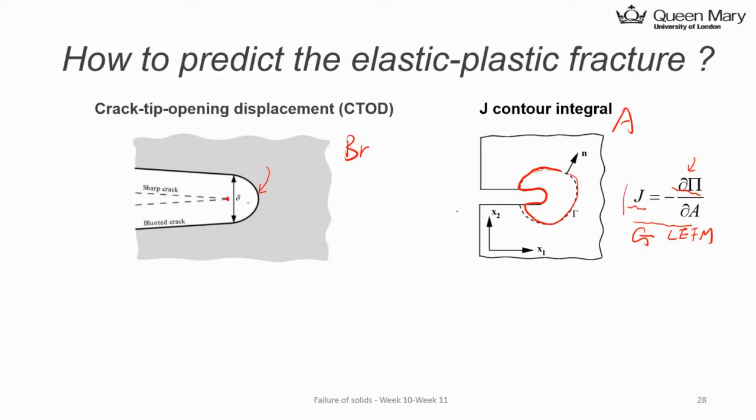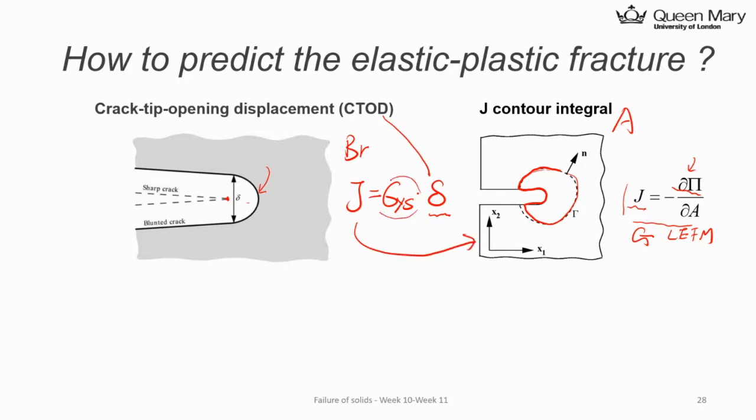So these two can be equivalent by the yield strength. So J equals sigma ys times the delta. You can find this is the one you measure from the CTOD, and this is the J from this integral method.